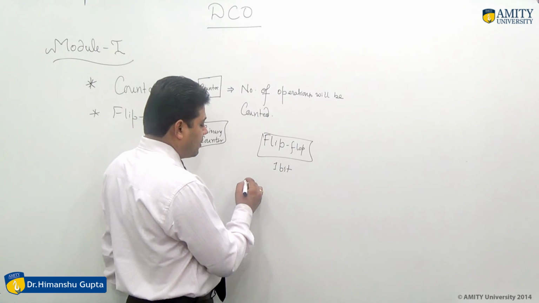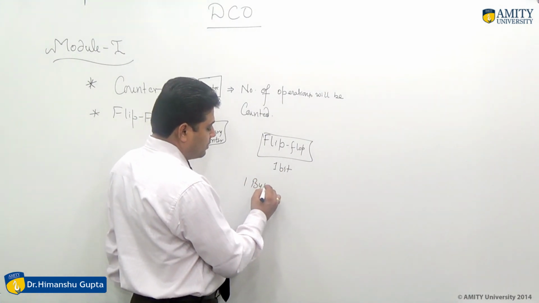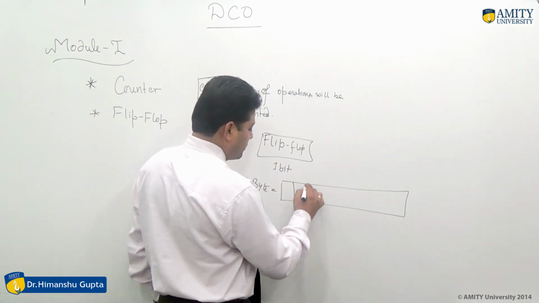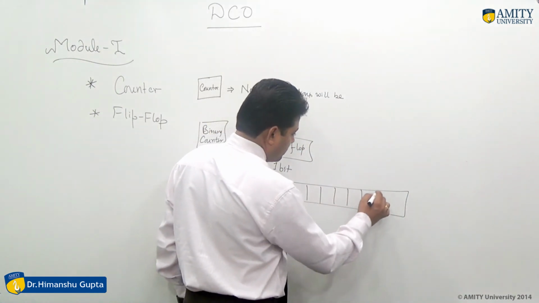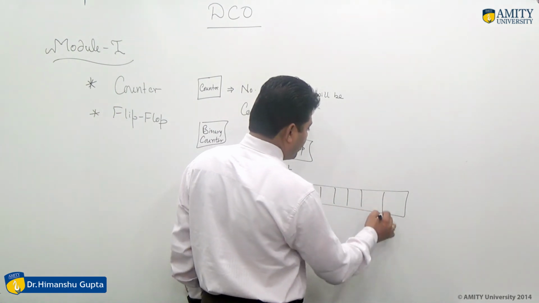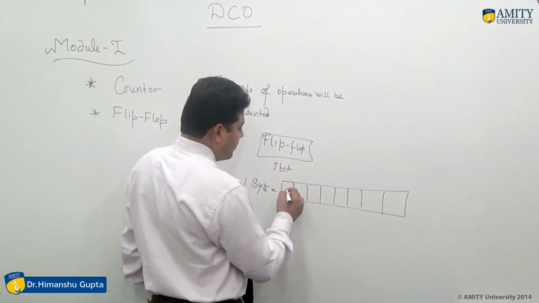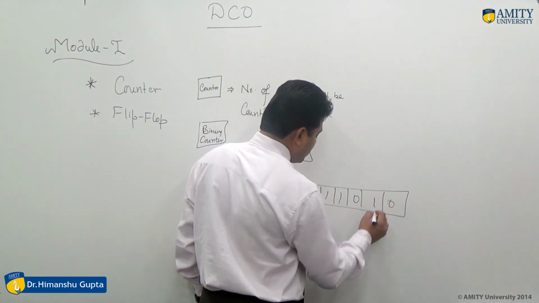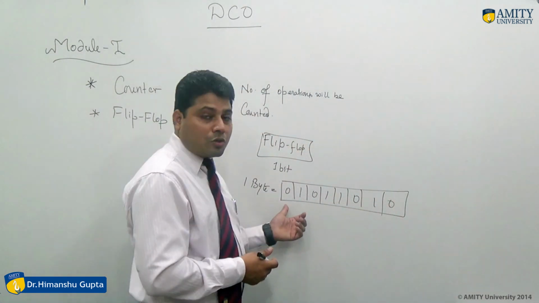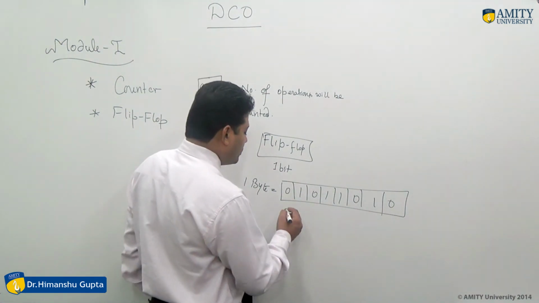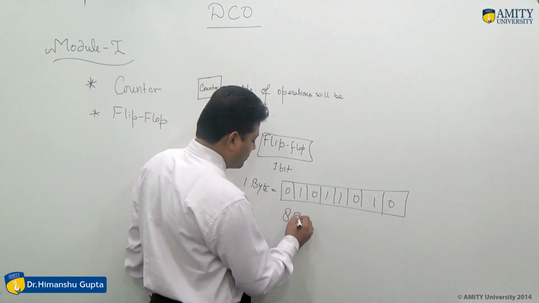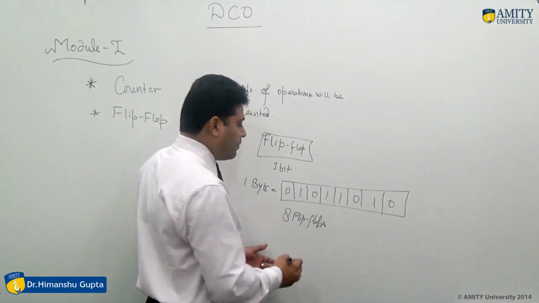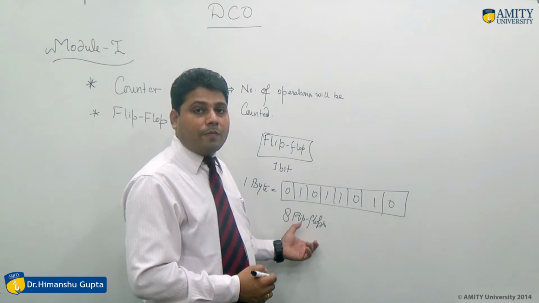If we have 1 byte of data, which is a combination of 8 bits, 1 2 3 4 5 6 7 8, so if we have 0 1 0 1 1 0 1 0, then for storing each bit we will use 8 flip-flops. So 8 flip-flops will be used to store 1 byte of data.